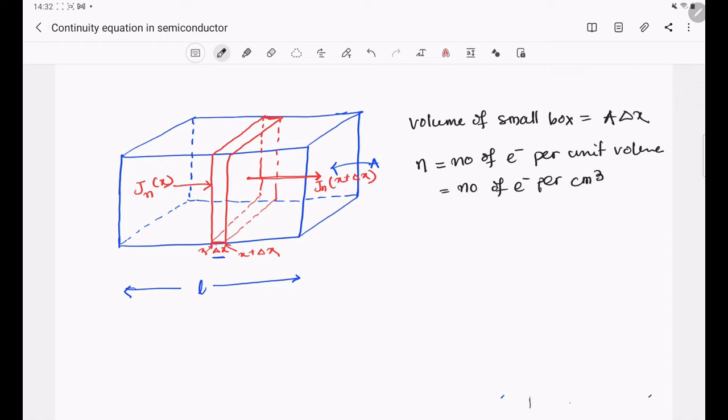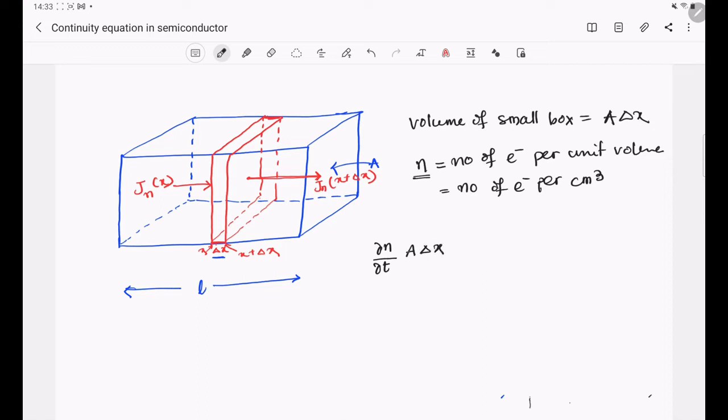Now suppose the number of electrons in this small volume is increasing with respect to time. Suppose the increase is represented by del n by del t, and as we are interested in number, and n represents the number of electrons per volume, we will multiply the volume because we are interested in finding out the number.